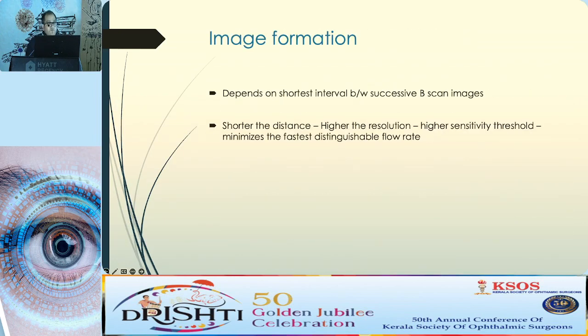So the image information which is acquired by the machine is dependent upon the shortest interval between two successive B scan images. So the shorter the distance, the higher is the resolution and the higher the sensitivity threshold.